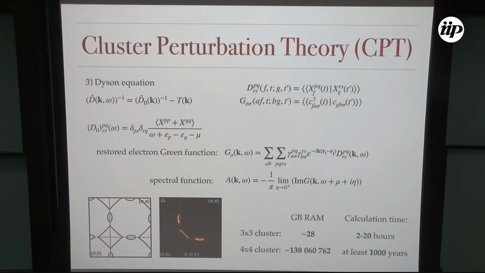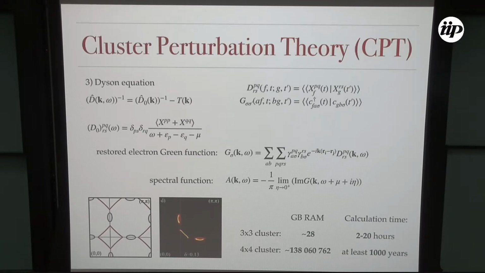The third step is the Dyson equation, which we have to solve. I do not have a lot of time, so we solve it and restore the electron Green function, and we calculate the spectral weight. We can calculate the Fermi surface as an orbit of quasi-particles, and calculate the Fermi surface accounting for the spectral weight distribution.